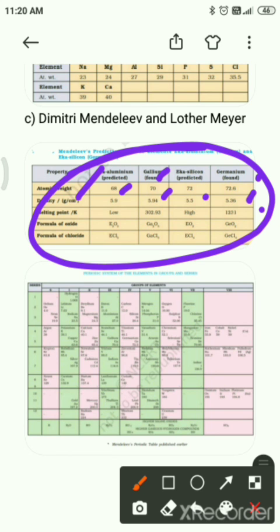For the chloride, ECl3 was predicted, and gallium chloride is GaCl3. For eco-silicon, ECl4 was predicted, and germanium's chloride is GeCl4.